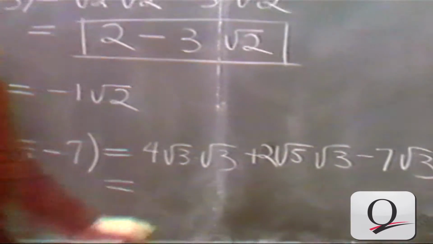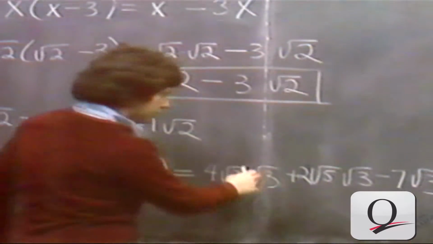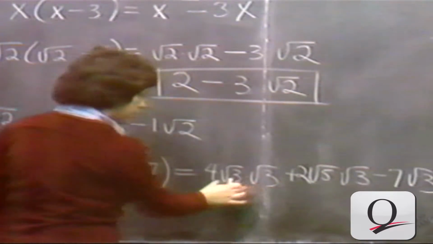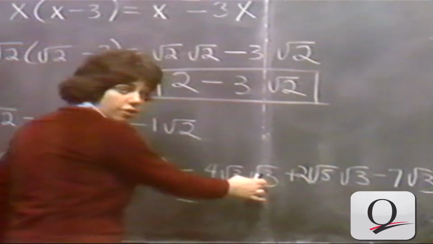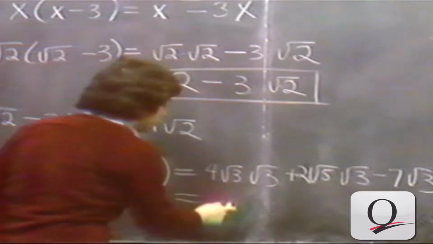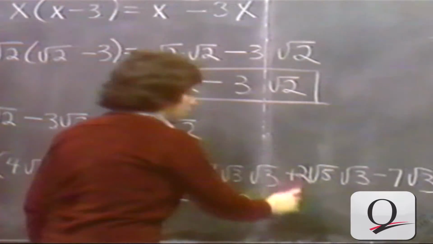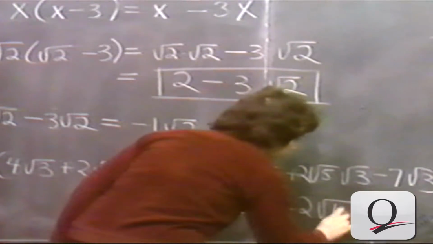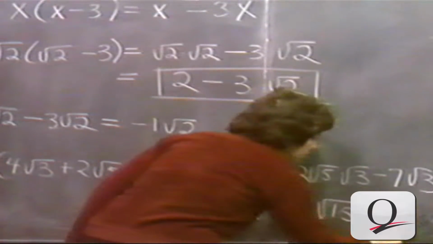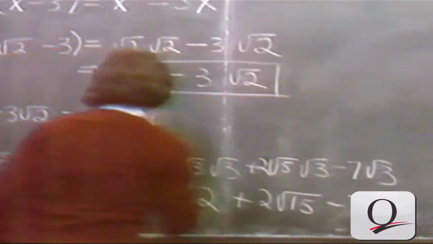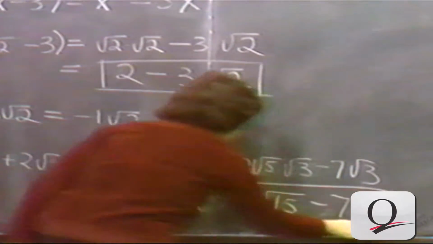Now, the square root of 3 times the square root of 3, that's 3. 4 times 3 gives you 12. This is plus, now, 2 times the square root of 15 minus 7 times the square root of 3. This is our answer.